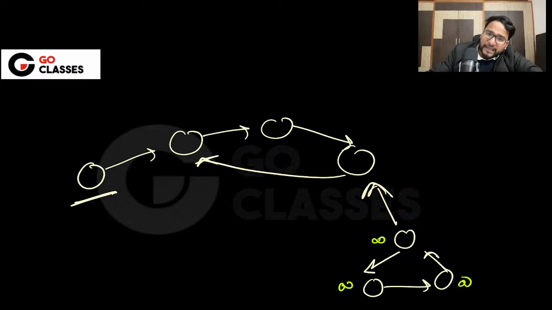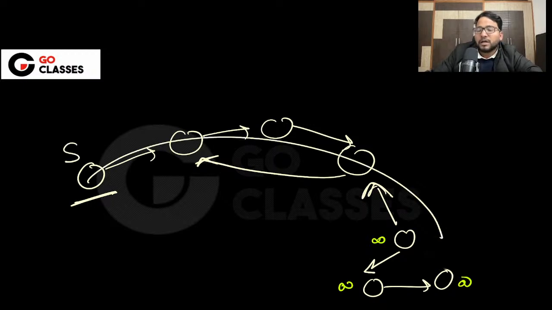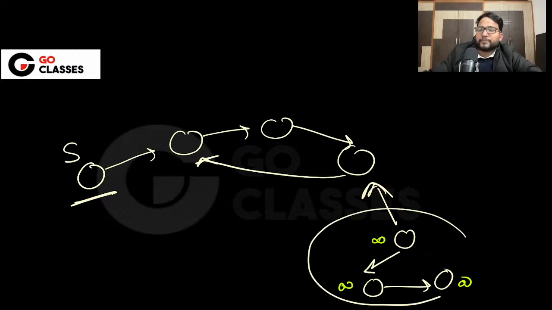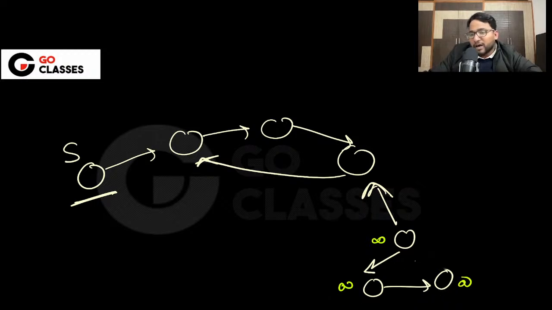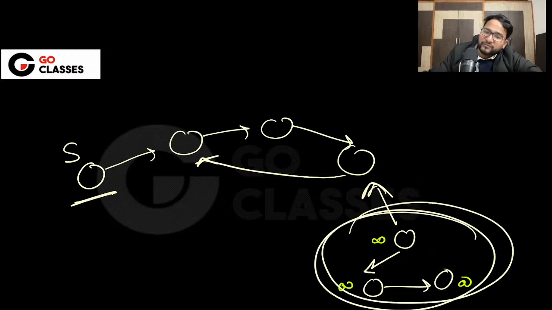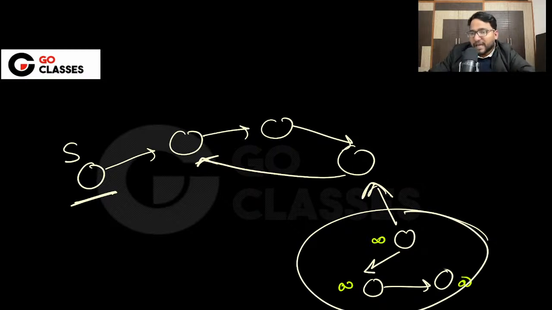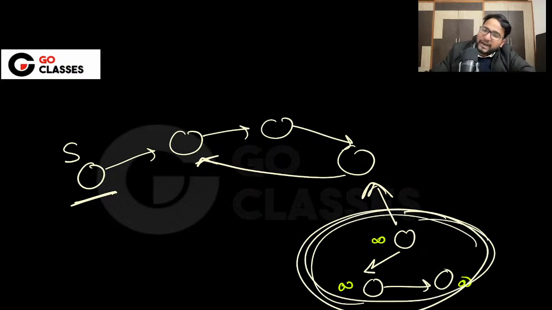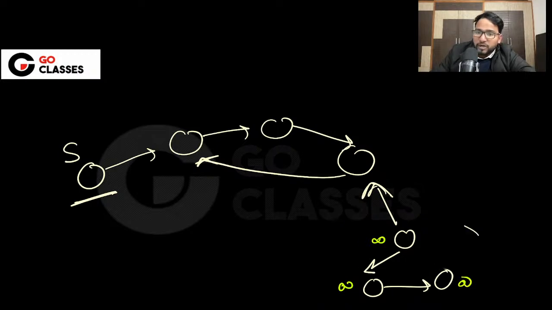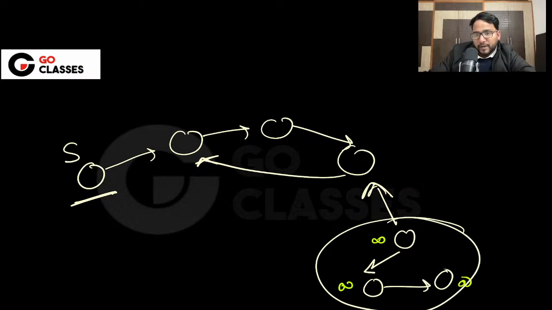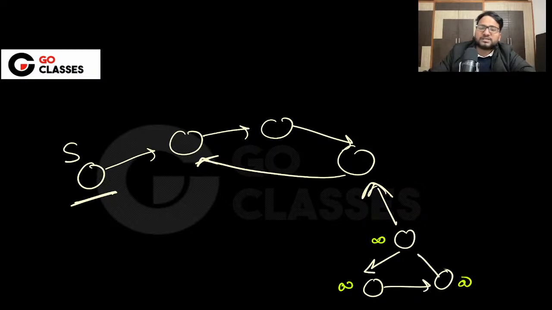Let's suppose this is not even a cycle. If some vertices are not reachable from the source, they will remain infinity. At the end of the iterations, you don't know whether this infinity is because of a cycle. At most you can say that it is not reachable. But can you say that there is a cycle? No, there may or may not be a cycle.